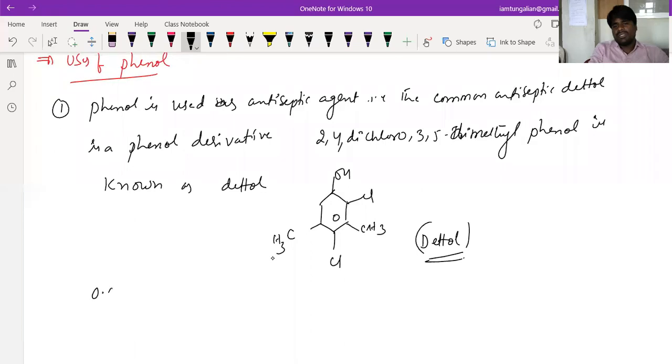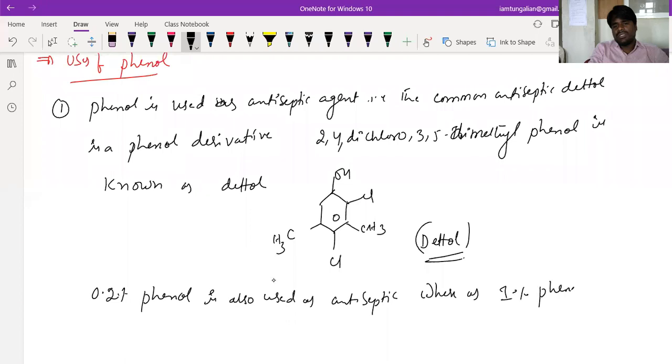Okay. And 0.2% phenol is also used as antiseptic, whereas 1% phenol is used as disinfectant.